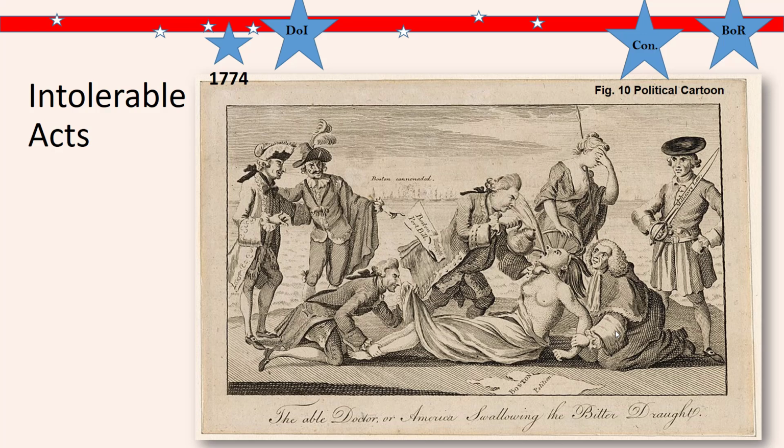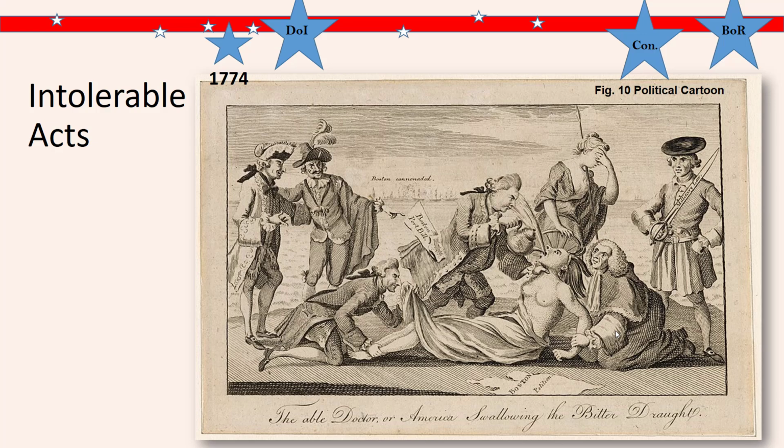All right. You can see this political cartoon showing a woman who is representative of the colonies being force-fed this bitter tea. The bitter tea is called the Boston Port Bill, the bill that required repayment of what would be about $1 million in today's money for all that tea that was dumped.